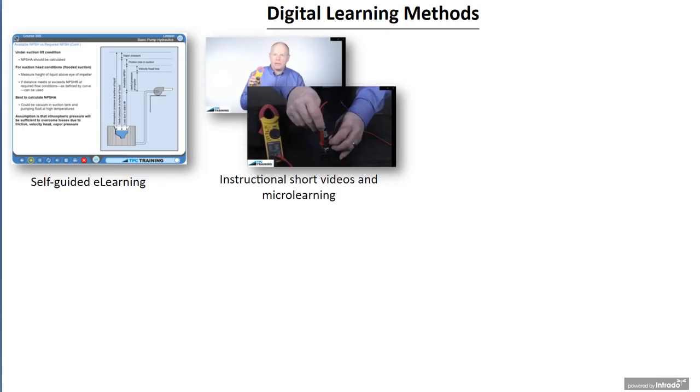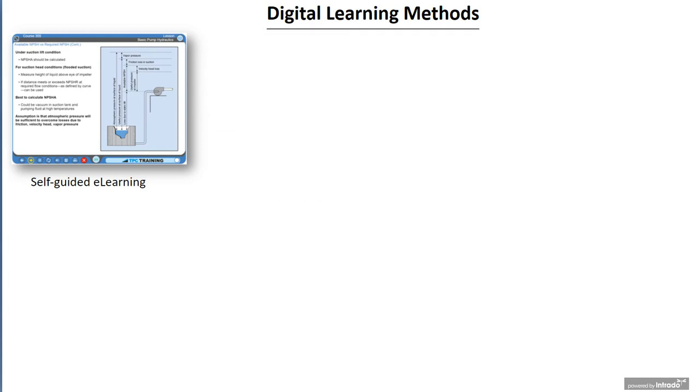So I think the first method I'd like to talk about is the one we might think of first when we think about digital learning, and that's e-learning, right? So e-learning, and then following that up with instructional short video. So let's back up to e-learning, self-guided e-learning. These can be worth their weight in gold, but for different people, it means different things, right?